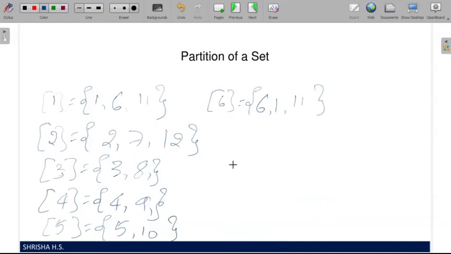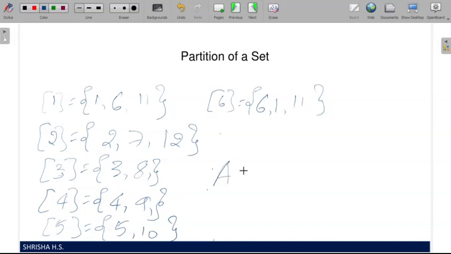So you can list. Okay, you will get the 6. This corresponds to 7, this corresponds to 8, 9, 10. They correspond like that. So we can write the partition now.